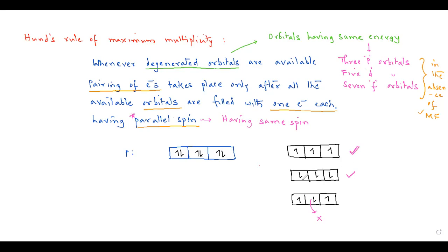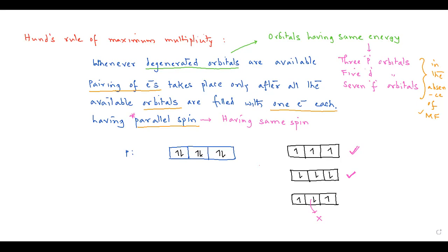Look at this. Either you can have all three with the same spin, I mean clockwise or anti-clockwise, but you cannot have this kind of arrangement. First, fill up all the available orbitals with one electron each, then just go for this kind of pairing, isn't it? So this is what Hund's rule of maximum multiplicity says.